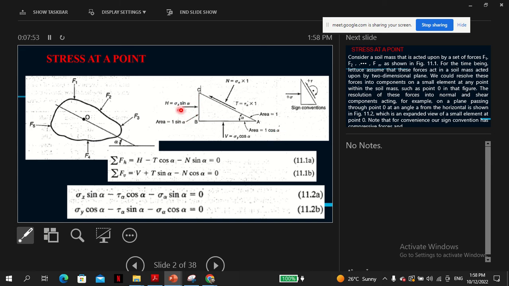The stress in this direction is sigma x, so the force would be the stress times the area, sigma x times 1 sine alpha, so the horizontal force is sigma x sine alpha. The same idea here. The vertical stress is sigma y, and the area is 1 cos alpha, so force is stress times area. I think that should be clear and important.